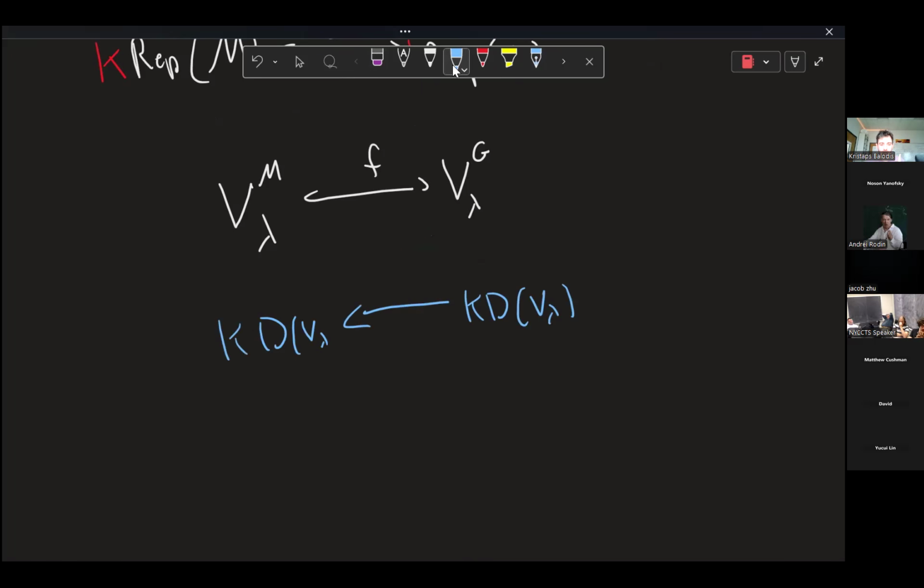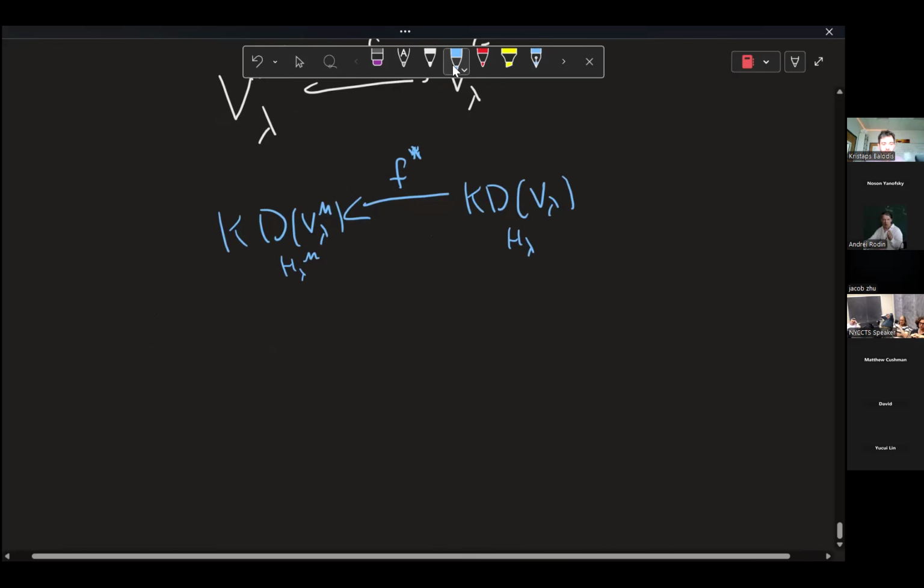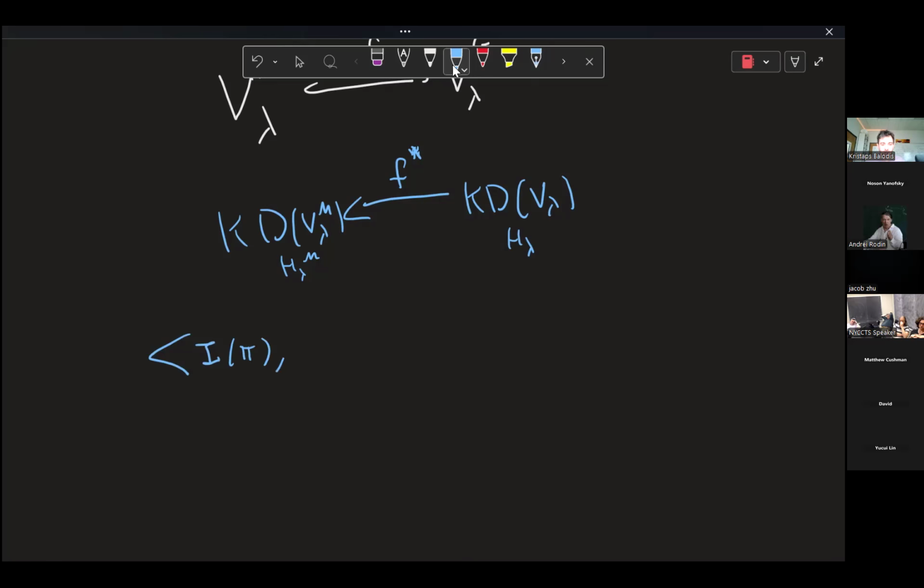I should also add there are plenty of words like equivariant that I'm leaving out that are extremely important, but I want to get the concepts across and maybe not all of the technicalities. And it turns out that interpreting these as linear operators on the Grothendieck groups actually defines a pair of adjoint maps with respect to this pairing.